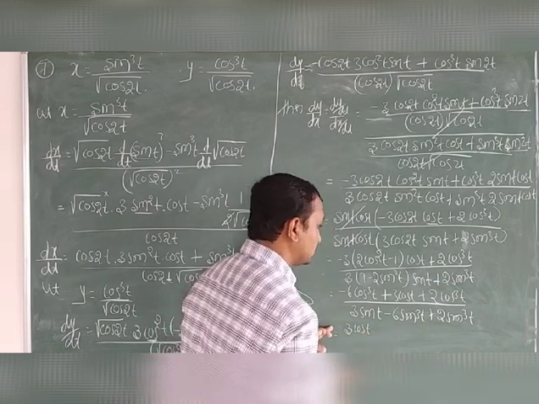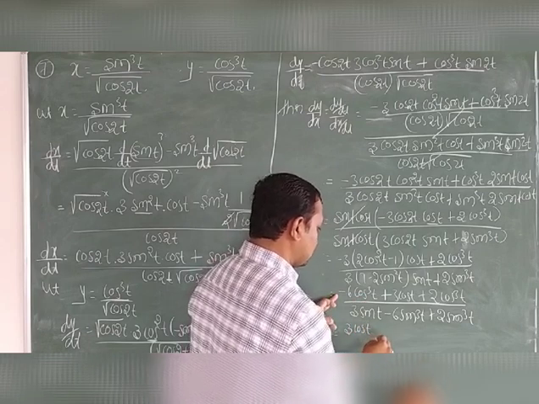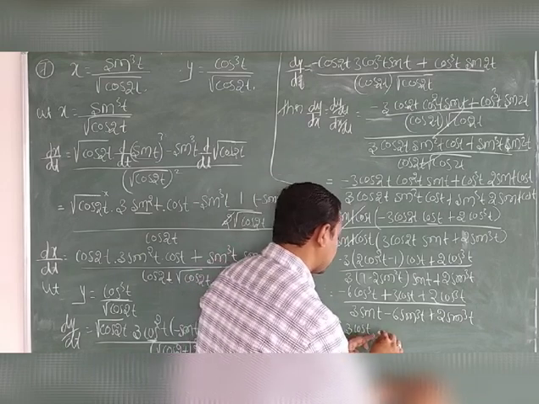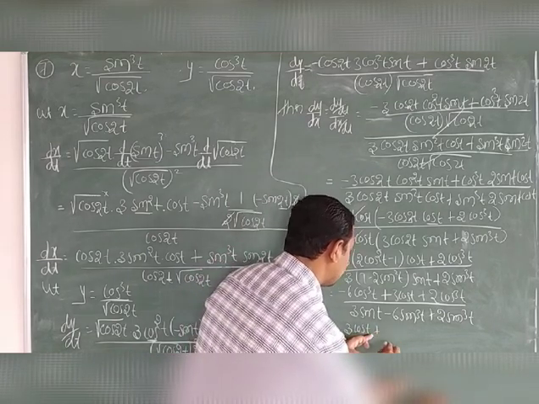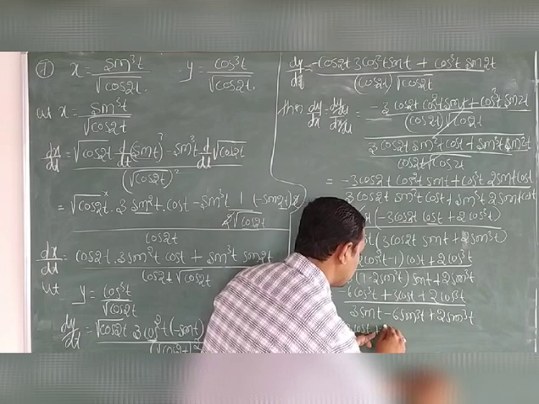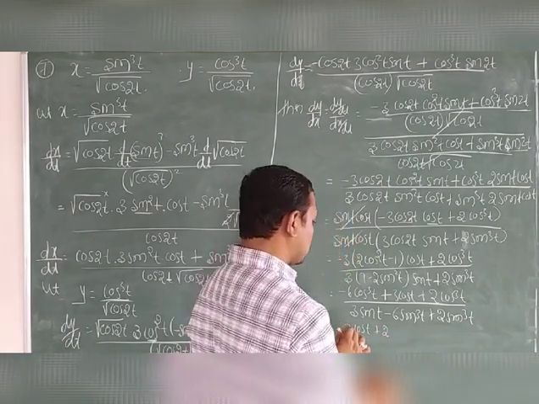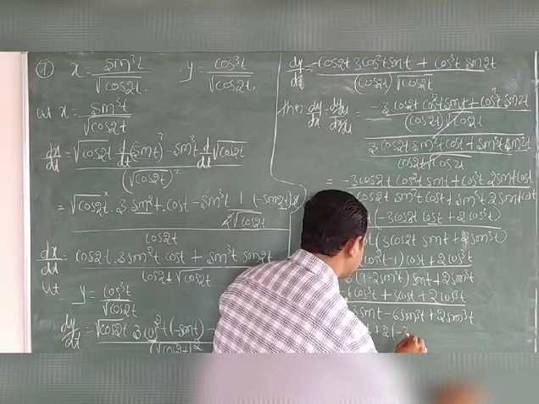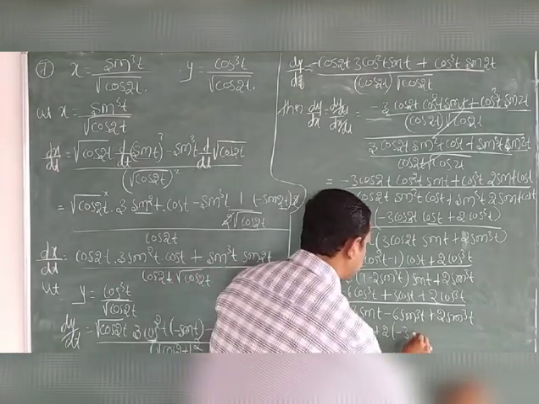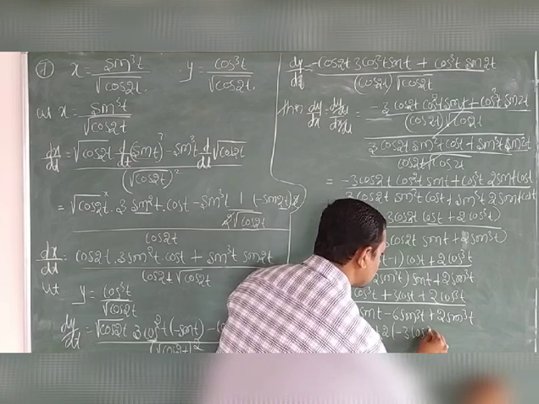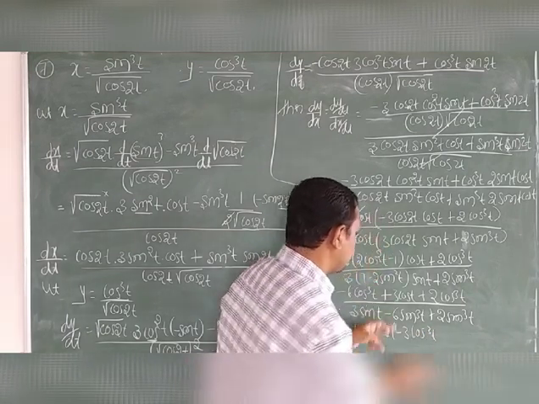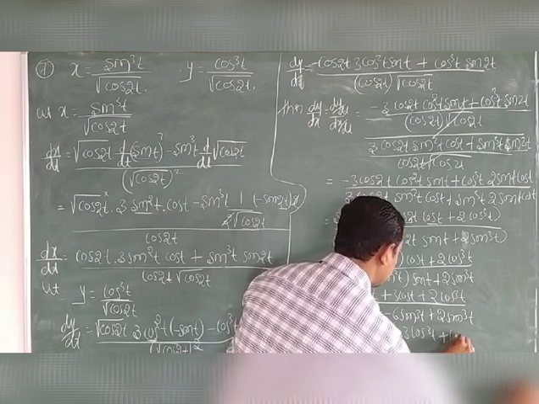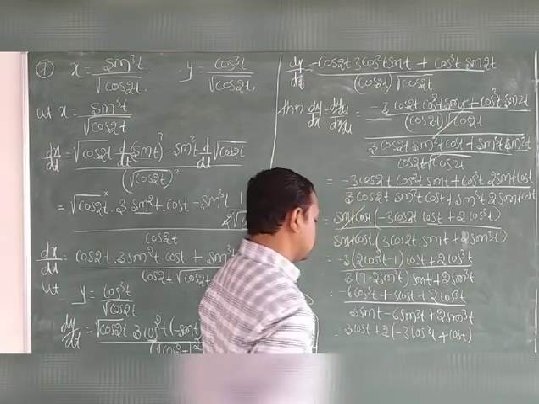Here this is a minus term, in this term I can take 2 as a common term. The remaining is, what is that, minus 3 cos cube t and cos t. This is plus cos t.